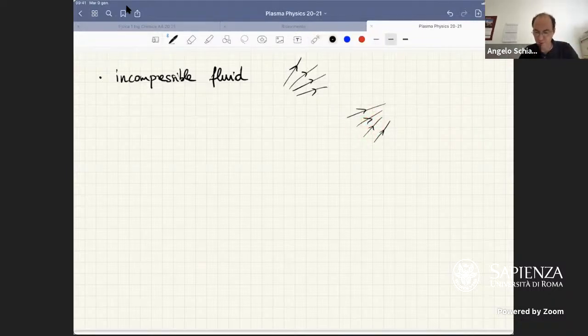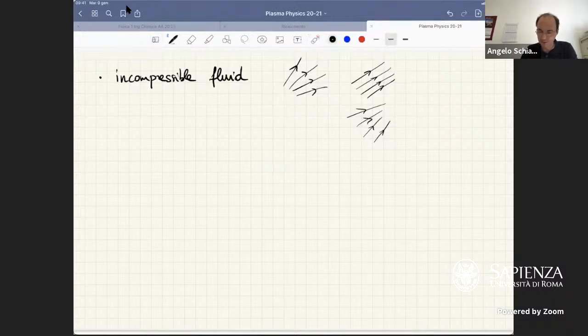So we have to assume actually that in our case, the fluid elements are propagating along straight lines, more or less. So they are neither rarefacting nor compressing the fluid. And this corresponds to the fact that in an incompressible fluid, there's no divergence of the velocity field.